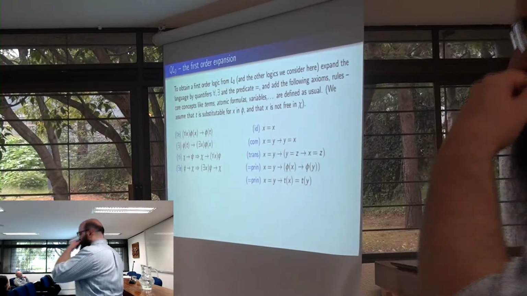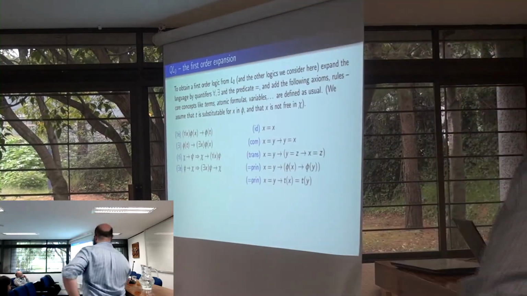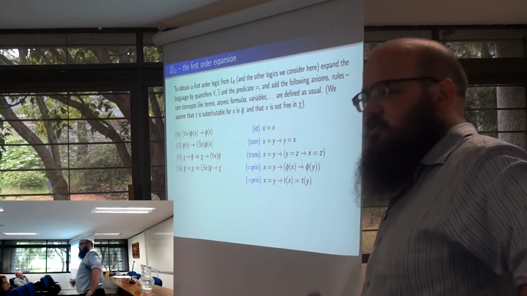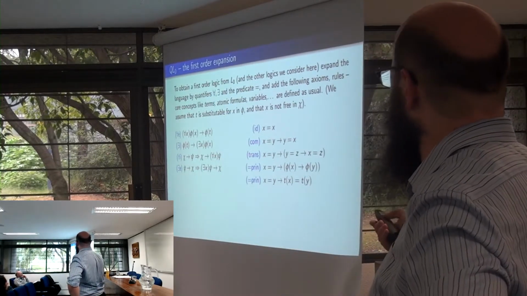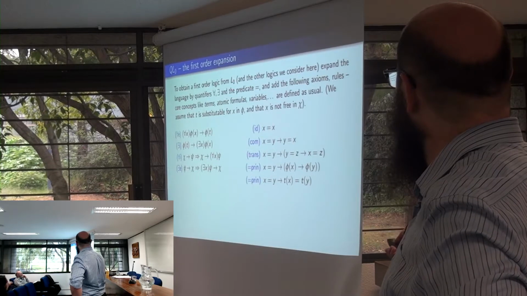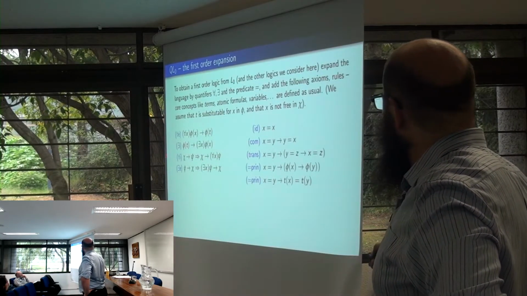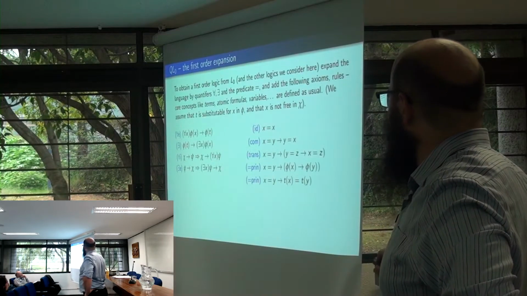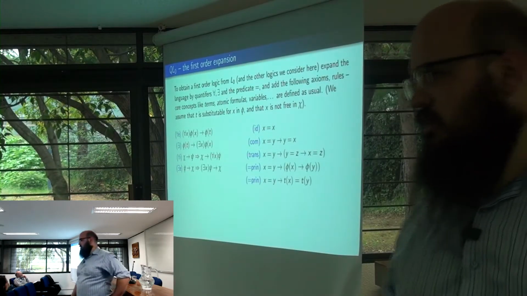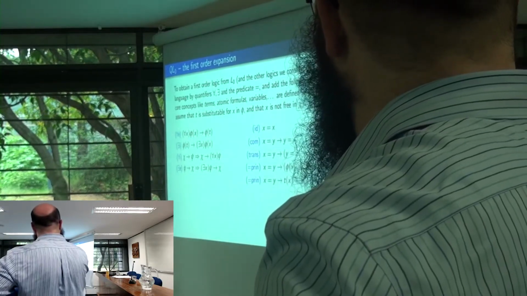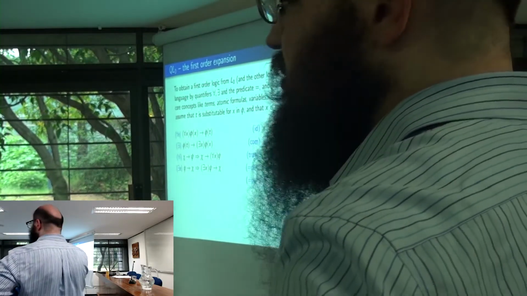Okay, so the first order expansion, in answer to Graham's question, is that given either of the two logics we talk about, we're just going to be defining that in the same way. So we're going to be adding the quantifiers and the identity, satisfying relatively minimal versions of the usual quantifier principles, so universal instantiation and universal generalization.